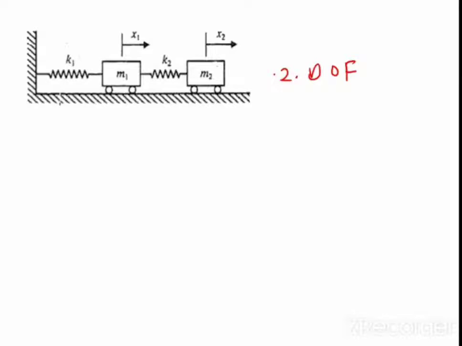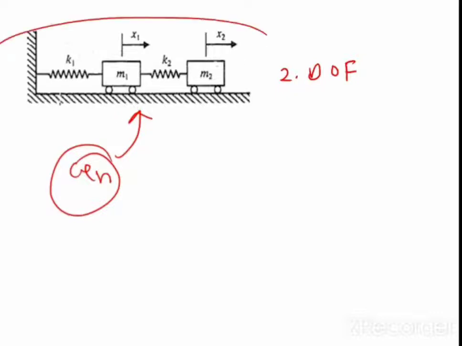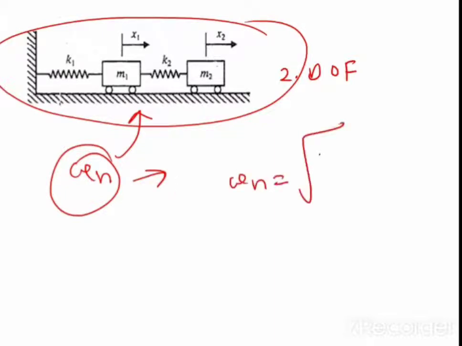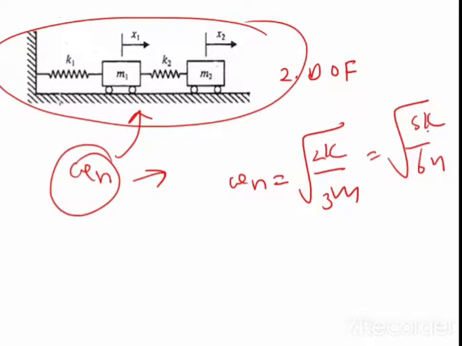Ultimately you have to find out the natural frequency omega. Now see what will happen in the exam: this system will be given to you, and they will just say find out the natural frequency of the system. So you have to find out omega n. It will be in terms of k upon m. Maybe it will be 2k upon 3m, or maybe it will be 5k upon 6m. Whatever may be the answer, you have to solve.